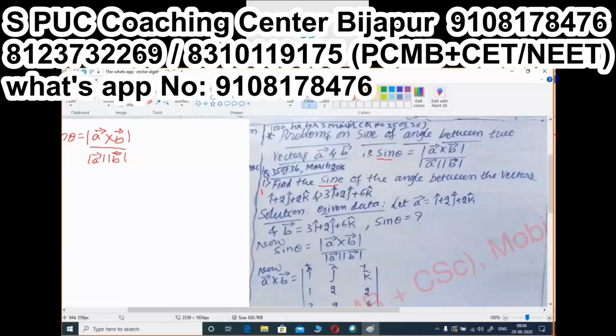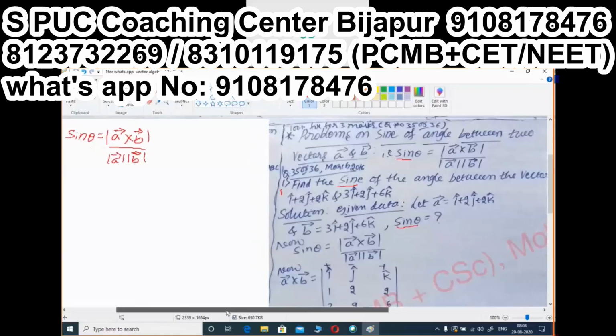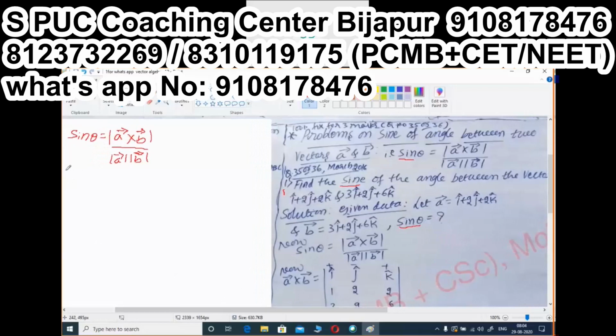Take the first given as A vector, and the second given as B vector. He has asked for the sine of the angle between those vectors, that is sin theta is question mark. Let us mention the solution for the given data.